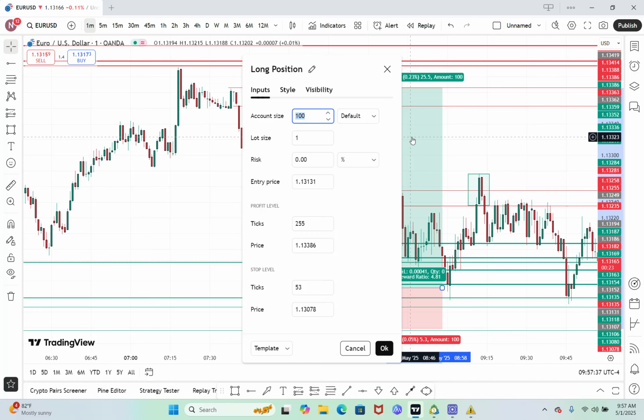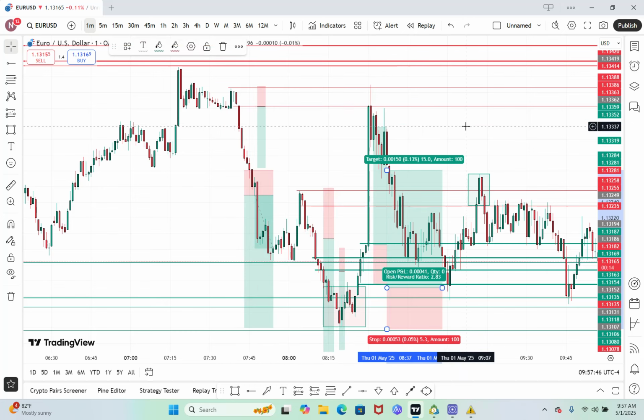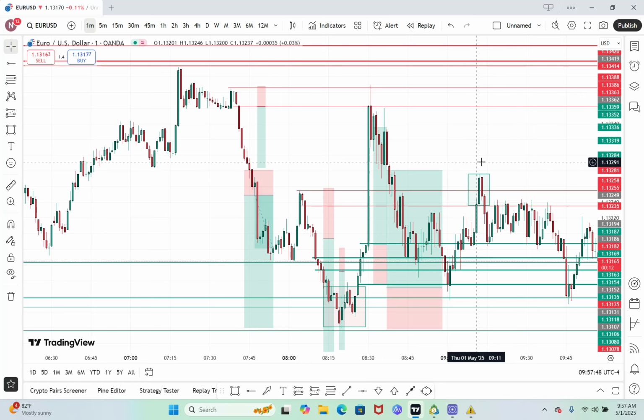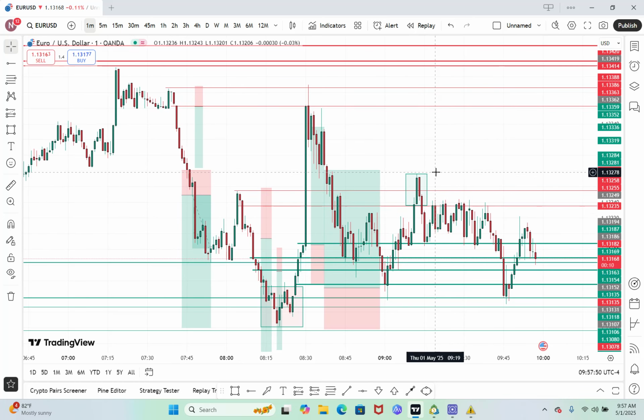Yeah, we could have, let me see, 53, 150. So chances are we wouldn't reach TP, because the market turned before TP. So this could have been a potential opportunity, but the market wouldn't reach TP.